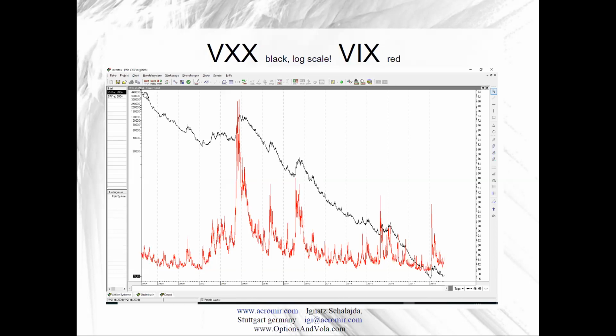The VXX will always trend because it's built in. But of course, there are some eruptions to the upside, and these are pretty big eruptions. As you can see here, you are at a level of about 4,000, and here you are at a level of about 16,000. It's 400% going to the upside. So VXX shorting is extremely risky.